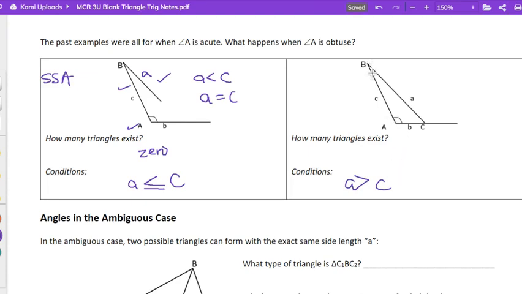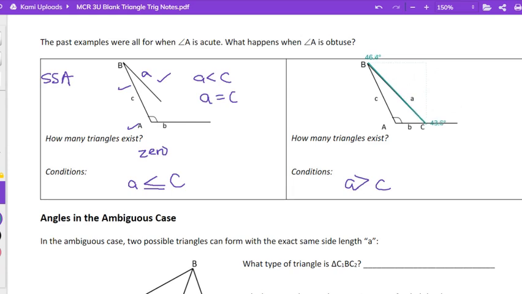Can I form 2 triangles? Let's see. So if I have this length, and I swing around, can I ever make 2 triangles?